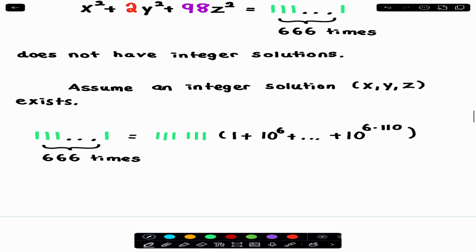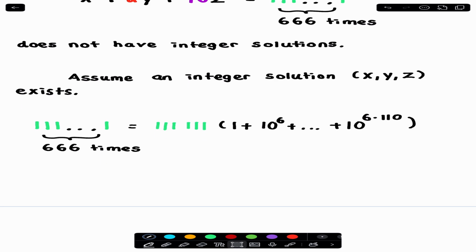So basically all I'm doing is if you expand this out, what do you get?